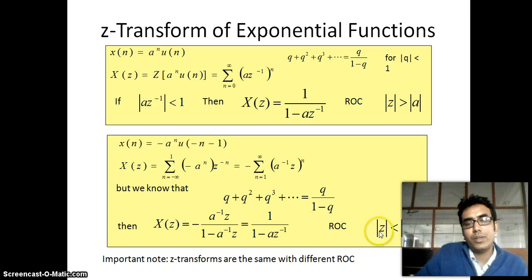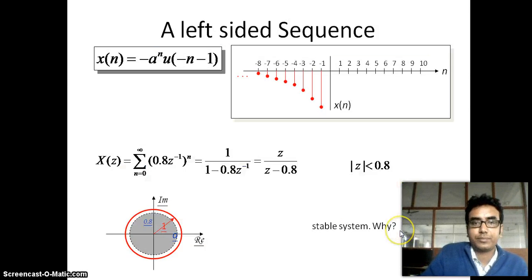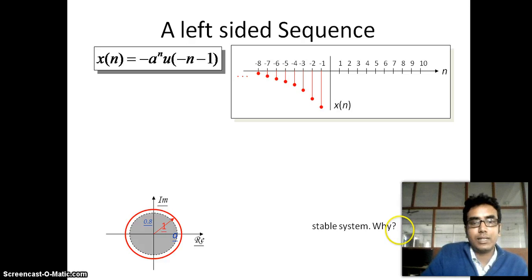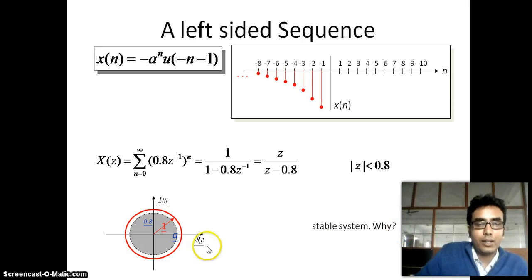So the ROC will be |z| less than a. So here you can say that |z| less than a is the ROC, on the plane with the imaginary value of z and the real value of z. So here you can say it is a stable system, because we will find that if the ROC includes the unit circle, then the system will be stable.